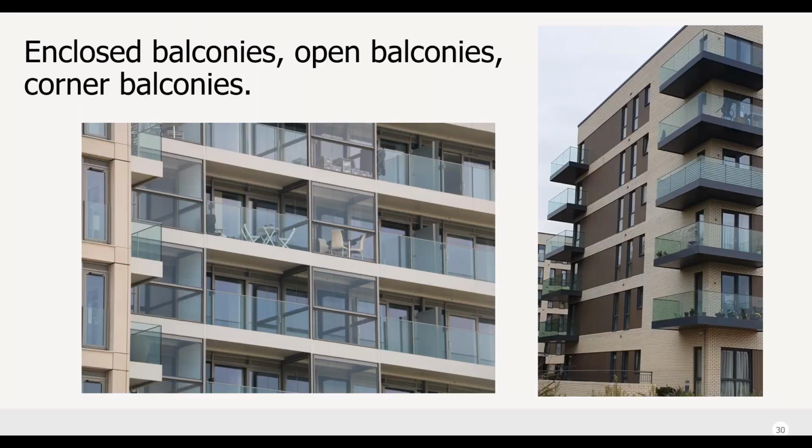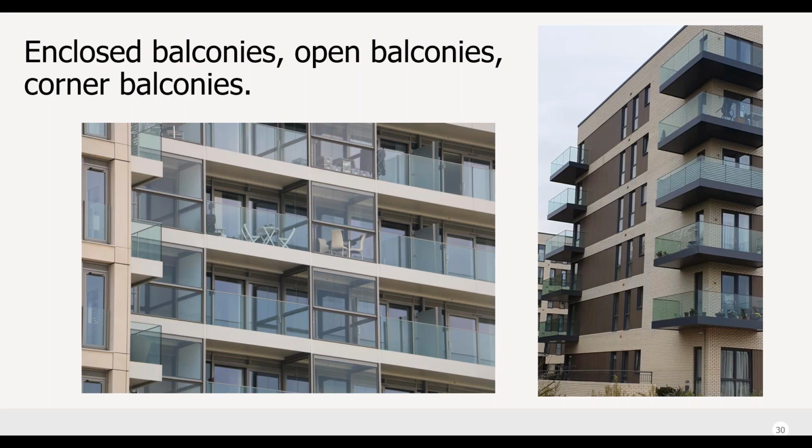The next slide shows an inset balcony there in the middle on the left slide, which Mark touched on earlier. They have quite different regulations covering those, and different fire and wind protection regulations. On the right there, you see a corner balcony.